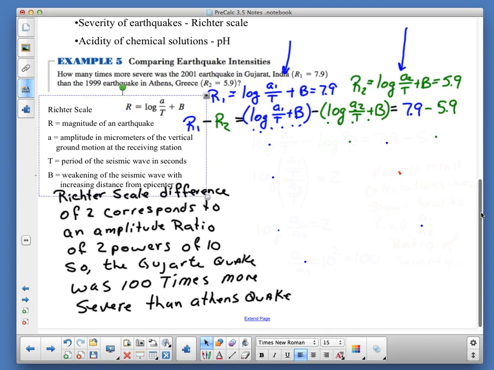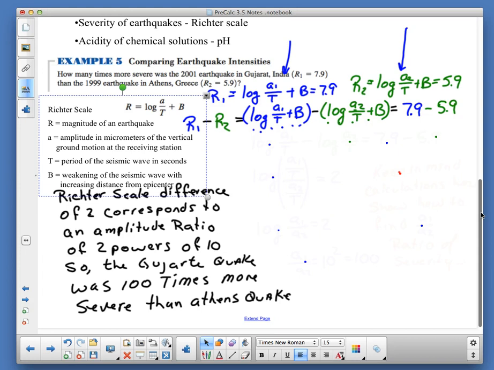It's the log of A over T, where A is the amplitude in micrometers of the vertical ground motion at a receiving station. Have you guys talked about receiving stations? You've probably seen something, whether it's volcanic or around the San Andreas Fault. They have these receiving stations, and they read the waves coming in. T is the period of the seismic wave in seconds.